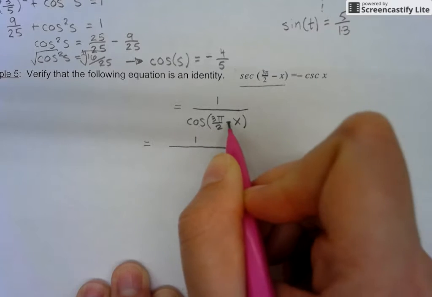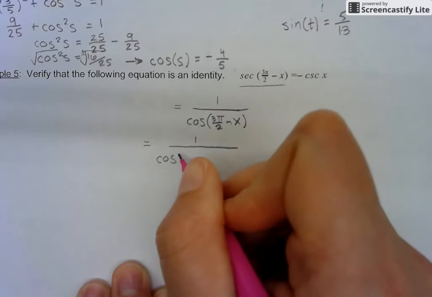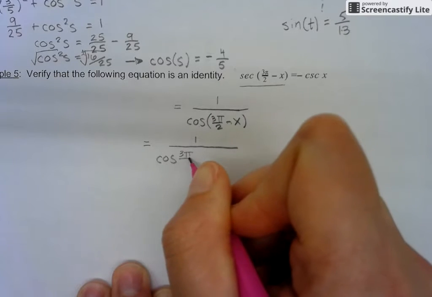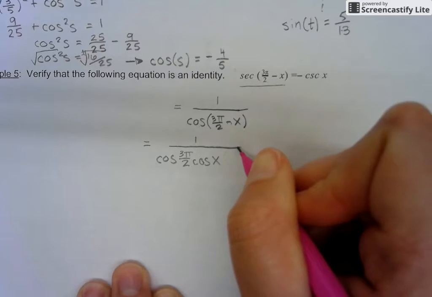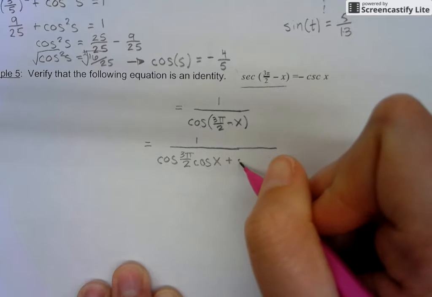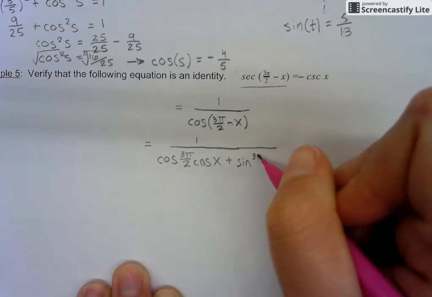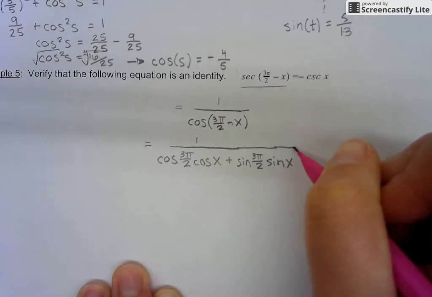The difference formula for cosine says the cosine of your first angle, 3 pi over 2, times the cosine of your second angle, which is x. And since this is a minus, my formula has a plus: the sine of 3 pi over 2 times the sine of x.